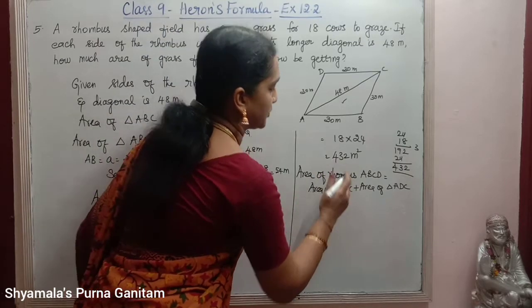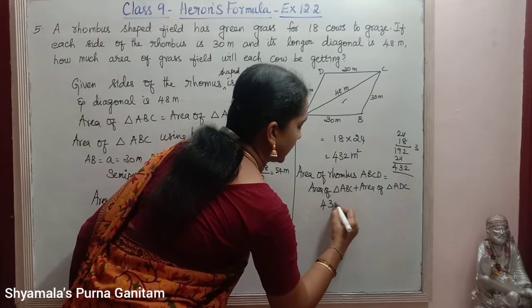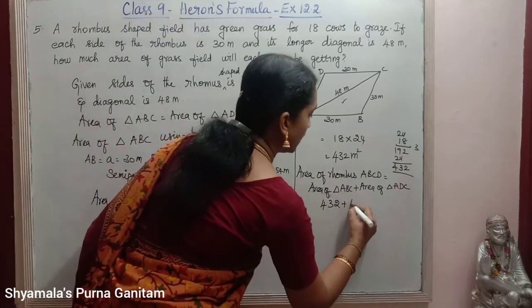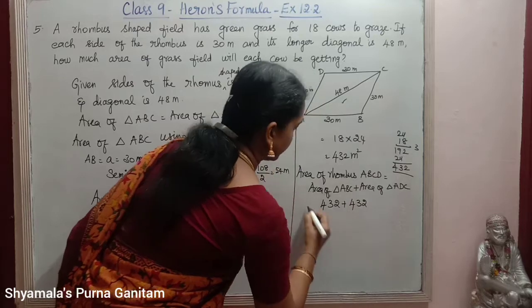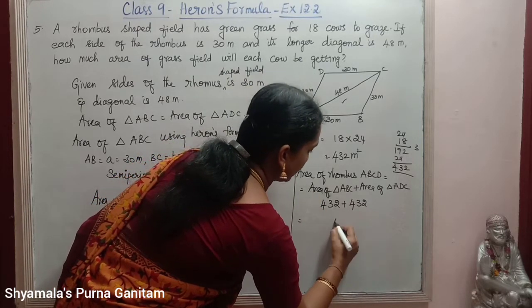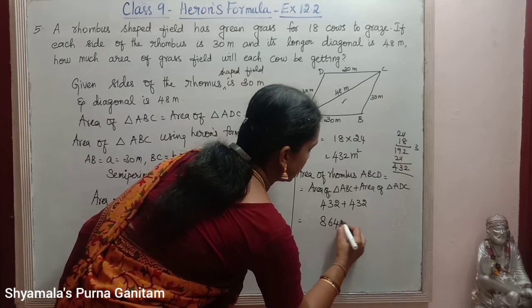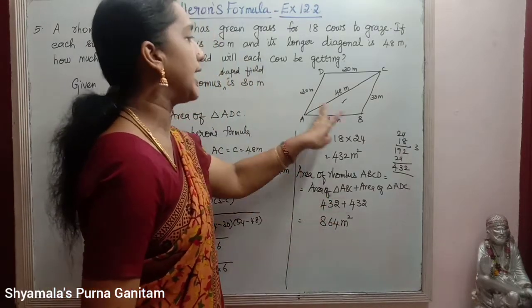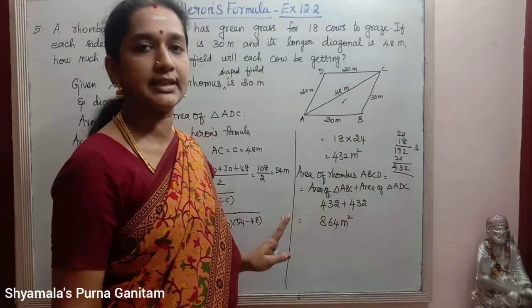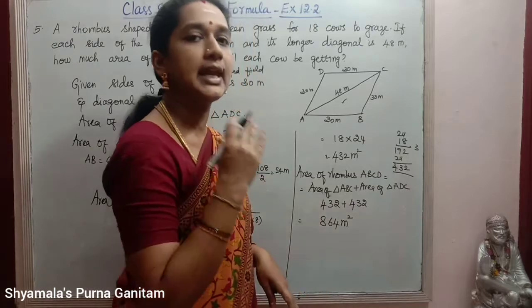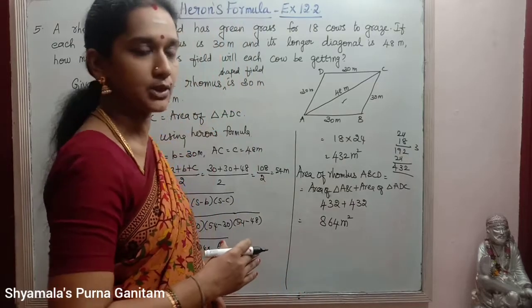We got area of triangle ABC as 432, so the area of triangle ADC is also 432. The answer is 864 meters square. So this is the area of the rhombus ABCD, that is, for the rhombus shaped field the area is 864 meters square.